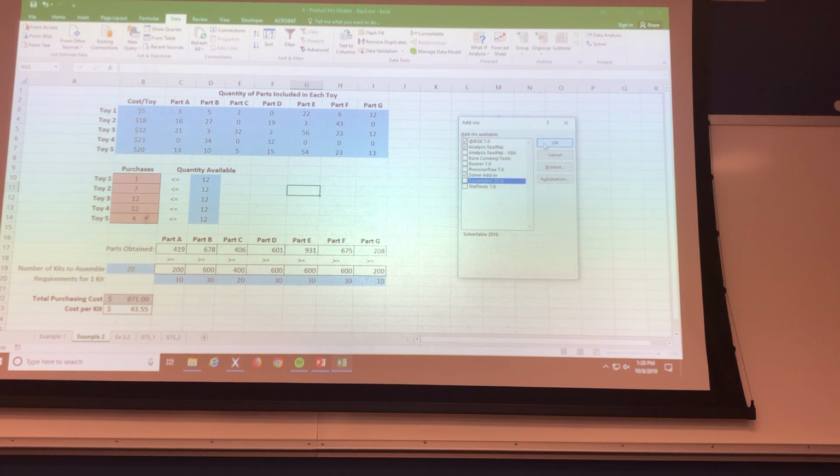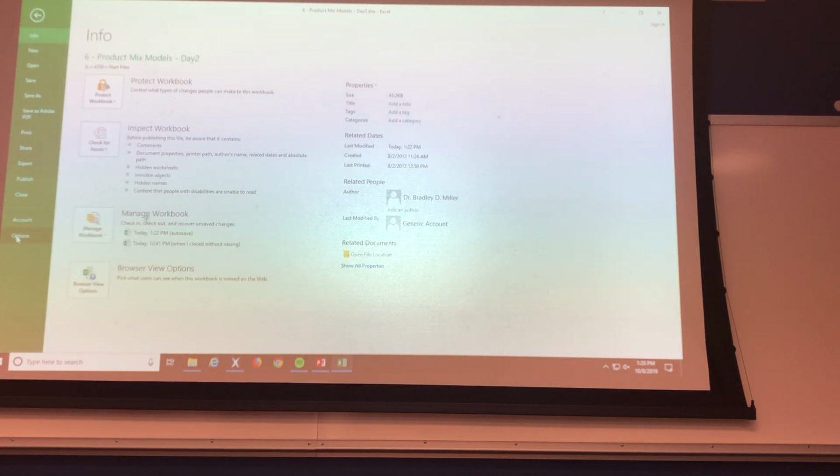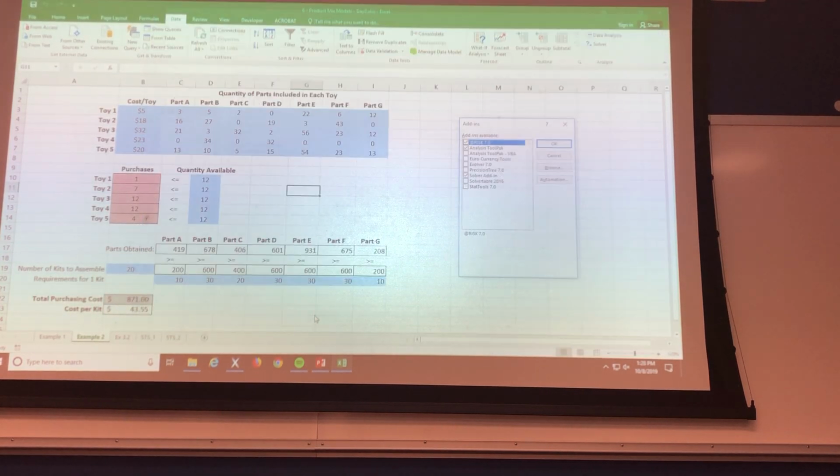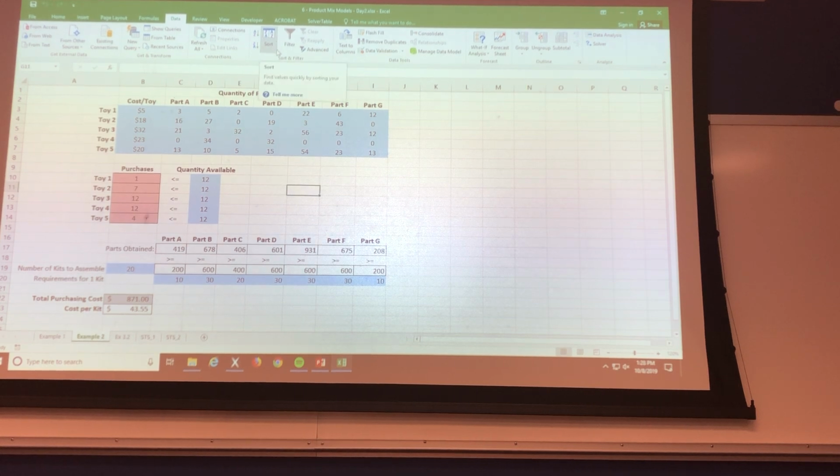You have to uncheck it, click OK, and go right back into it again. Turn it back on, and this time it will show up. I don't have any problem with this on my home computer, my office computer, or my laptop. I have it in this room all the time, and I know some of you have it.